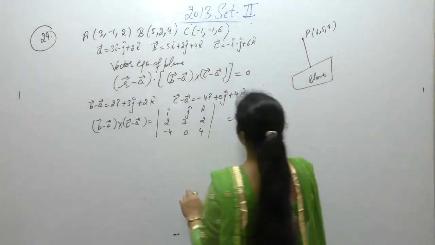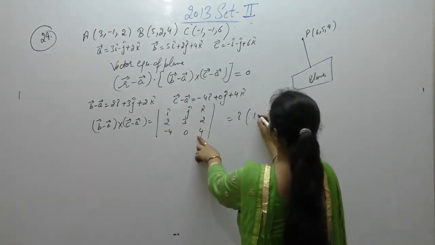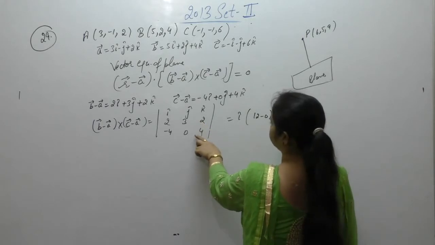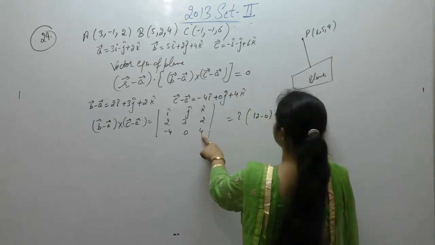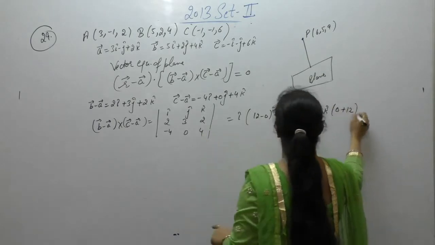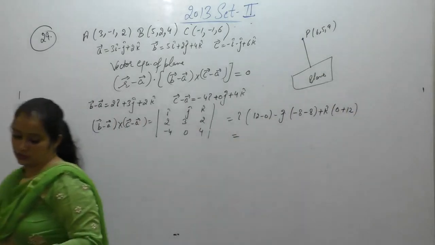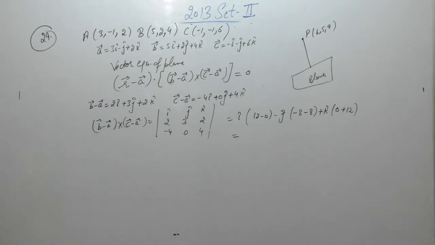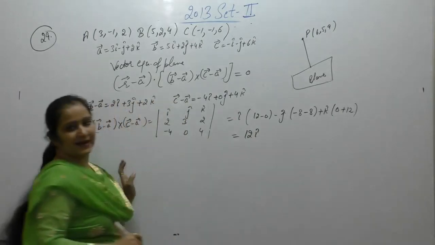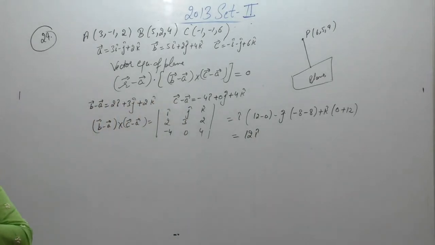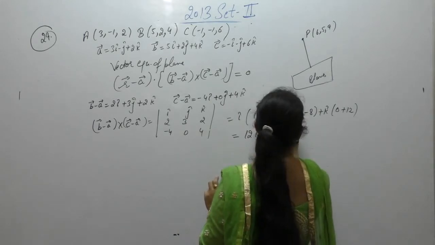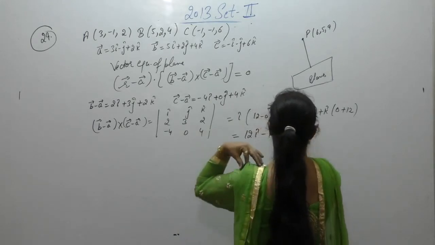Now find the value. i cap is 12 minus 0, minus j cap, minus 8, plus k cap is 0 minus, plus 12. So we get the value of the cross product as 12i minus 8 minus 16j plus 12k.